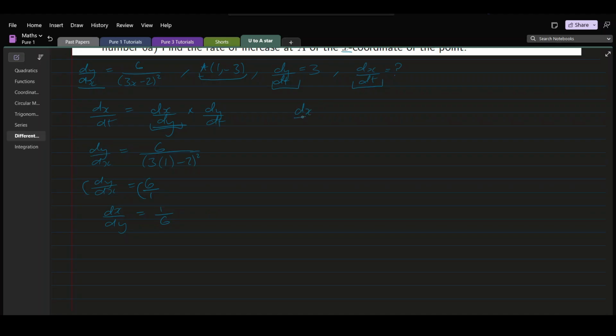So dx dt is equal to dx dy, which is 1 over 6, times dy dt, which is 3. So dx dt would be equal to 3 over 6, which is 1 over 2 units per second. And this would be our final answer.